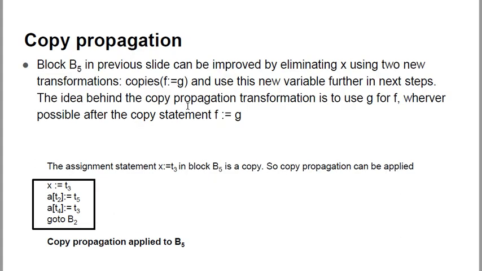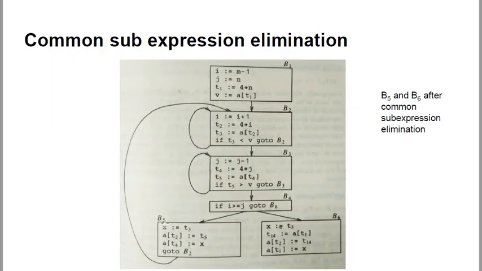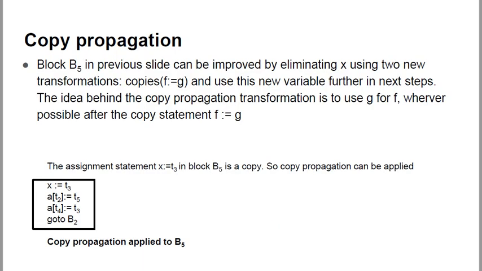The next function preserving transformation deals with copy propagation. The block B5 in the previous slide, after the common subexpression elimination, is like this. It can be further improved by eliminating X using two new transformations. One is concerned with assignments of the form F is equal to G. These kinds of assignments are called copy statements, or copies for short.